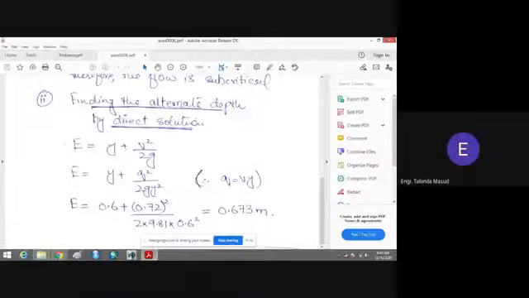So first we will find the specific energy head for the given data. We know that E is equal to y plus square of V divided by 2g, and V is equal to q divided by y. So putting the given values of these terms, we will get the energy equal to 0.673.